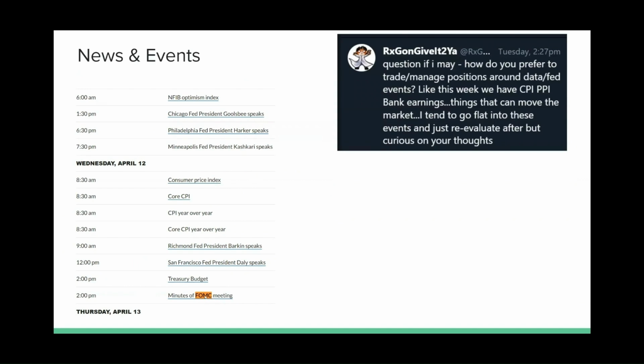FOMC is the Federal Open Market Committee meeting. This is where the Fed announces whether it wants to increase rates or decrease rates. And in an environment like we are in right now, where we have 40-year high inflation and the rates are extremely high, every single FOMC meeting minutes moves the market up or down.